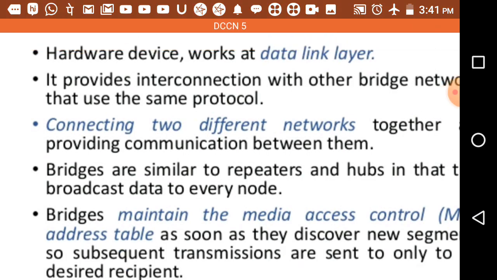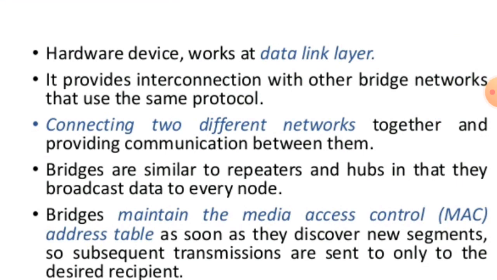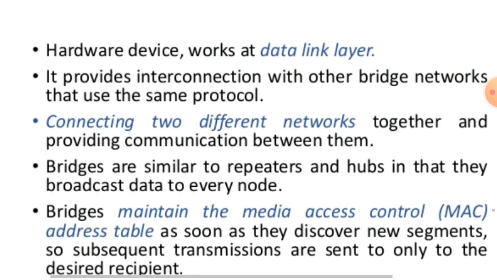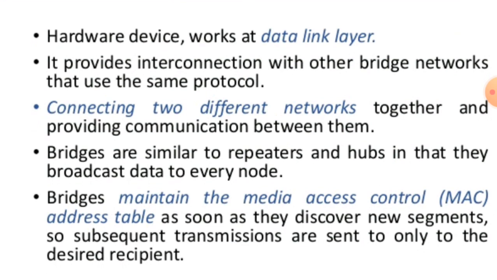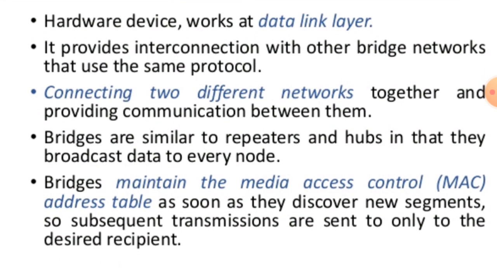It provides interconnection with other bridge networks that use the same protocol, connecting two different networks together and providing communication between them. Bridges are similar to repeaters and hubs in that they broadcast data to every node. Bridges maintain the media access control address table as soon as they discover new segments. So subsequent transmissions are sent only to the desired recipient.